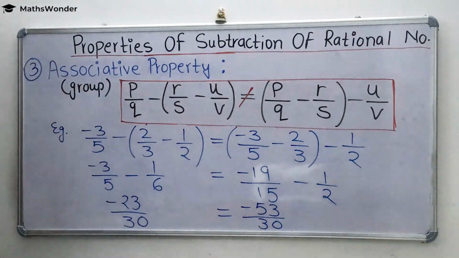So now you can see here, if we change the group, then you will never get the same answer. So subtraction is not associative for natural numbers. Subtraction is not associative for integers. Subtraction is not associative for rational numbers. Basically, the associative property of subtraction does not hold for any number system. Okay, understood?